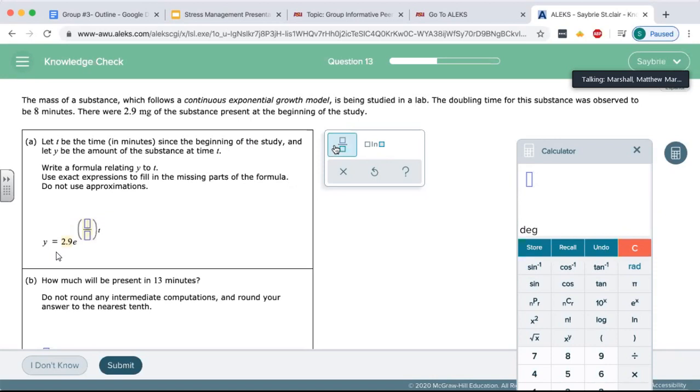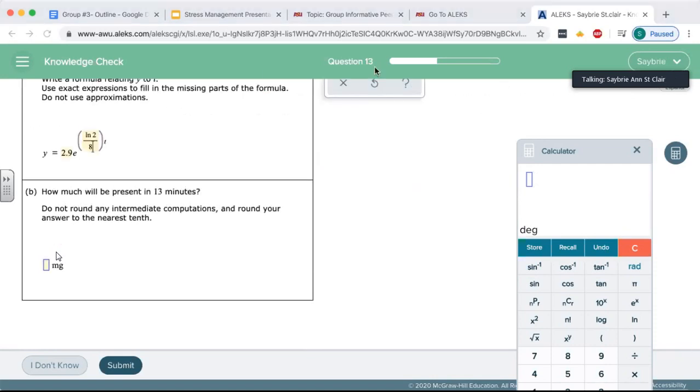There you go. Hit that one first. Perfect. There you go. Good job.